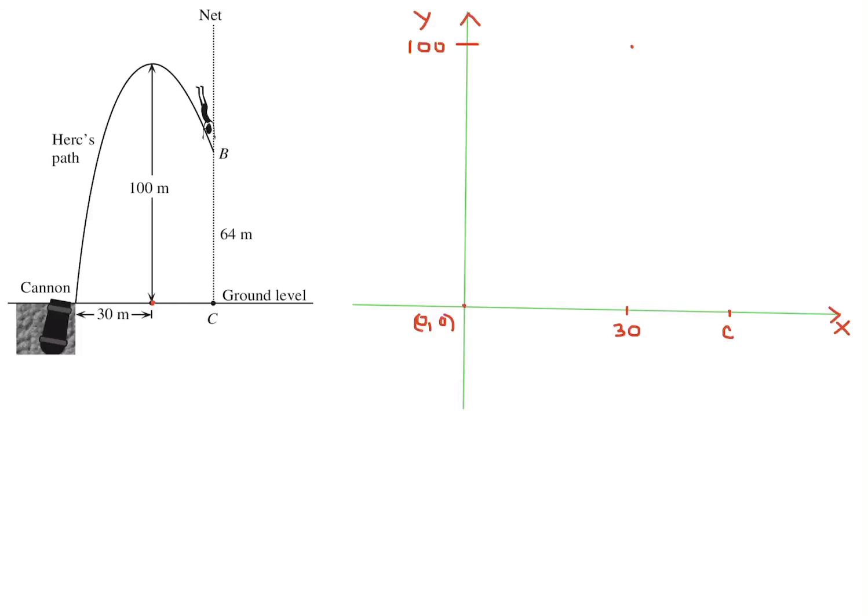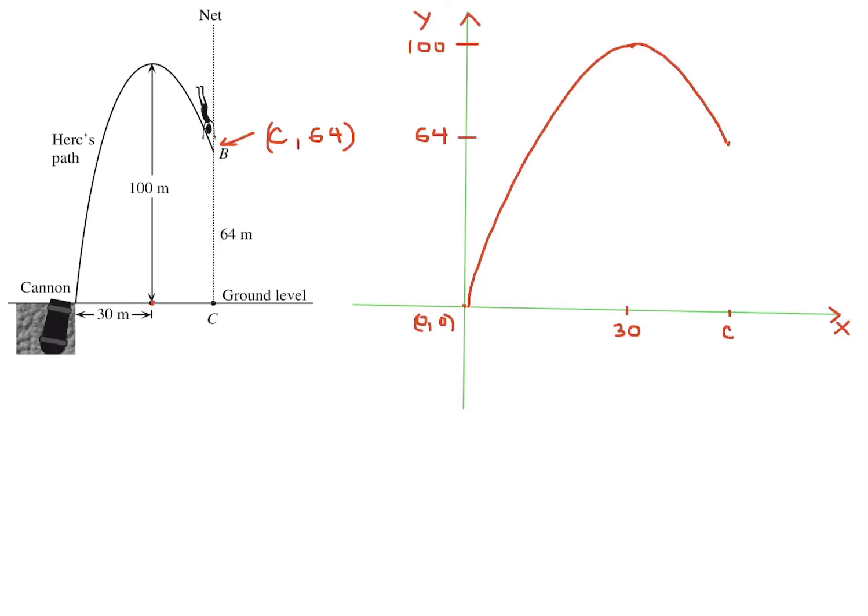And we know that the parabola hits the point C, 64 right here. So I'll put the same thing on my graph, approximately here. And then I'll connect the dots. So his trajectory is basically something like that.